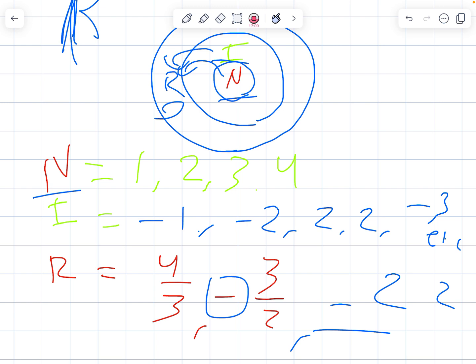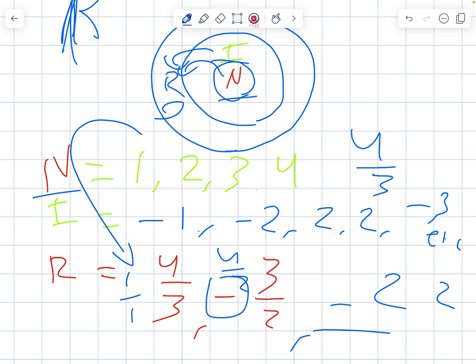A real number is not necessarily an integer. A real number cannot be included in the natural numbers. For example, how can I have 4 over 3 as a natural number? I can rewrite 1 as 1 over 1. I can rewrite 2 as 4 over 2. That's a real number. It's a rational number.